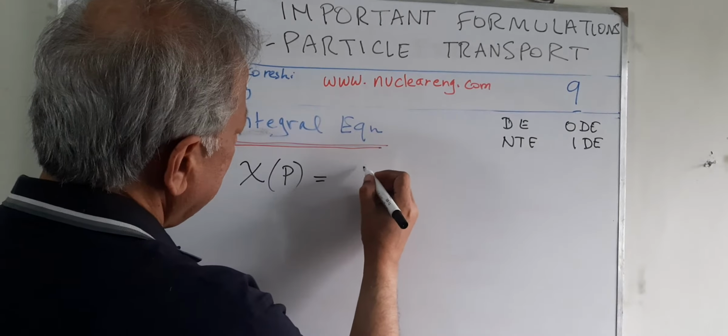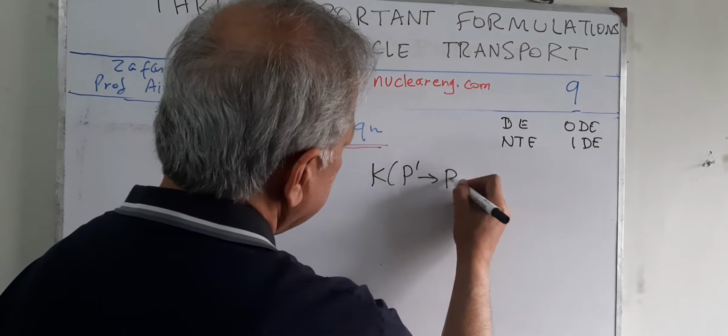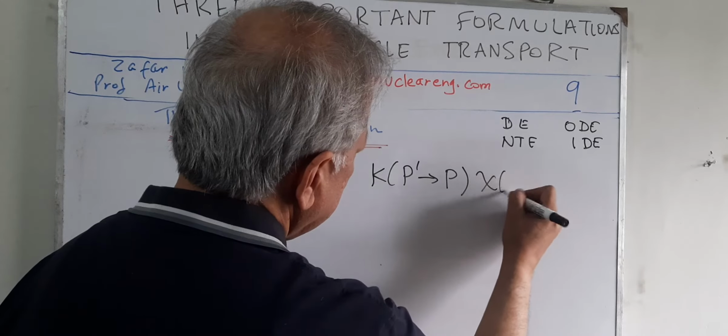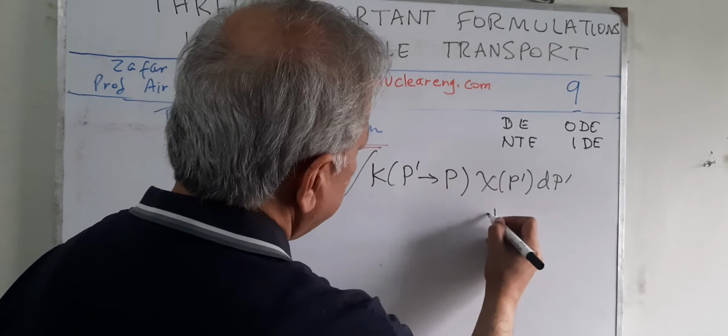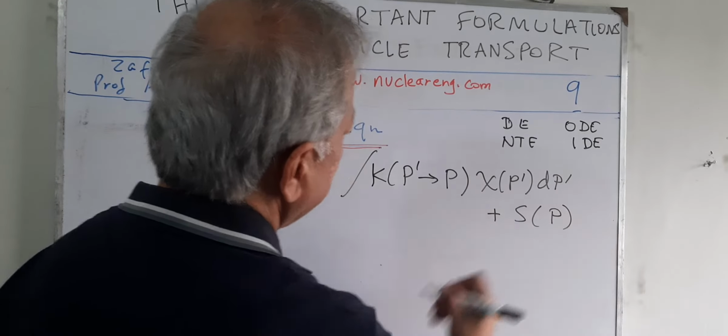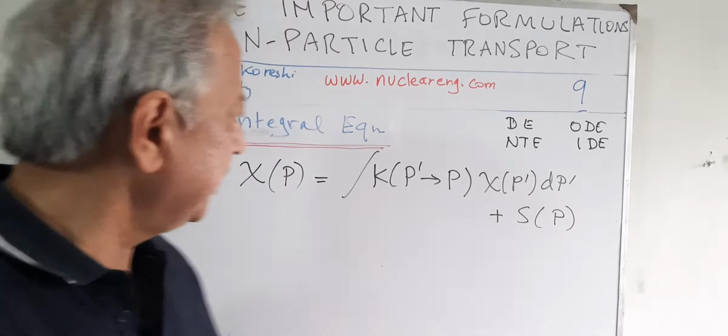Chi P is something happening somewhere else, integrated over that somewhere else, plus some direct contribution.